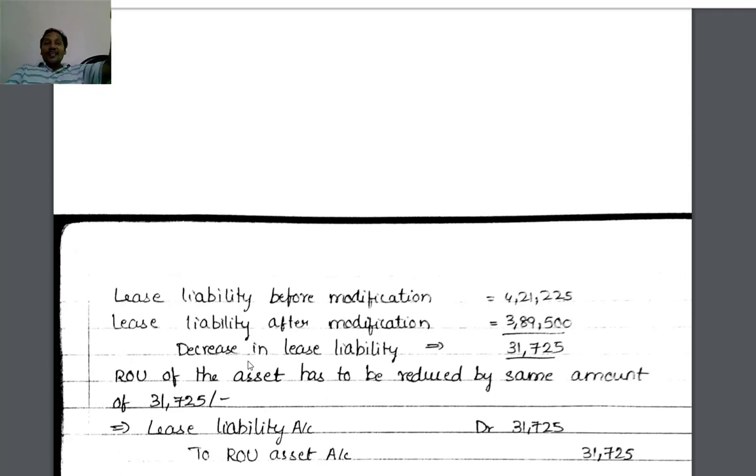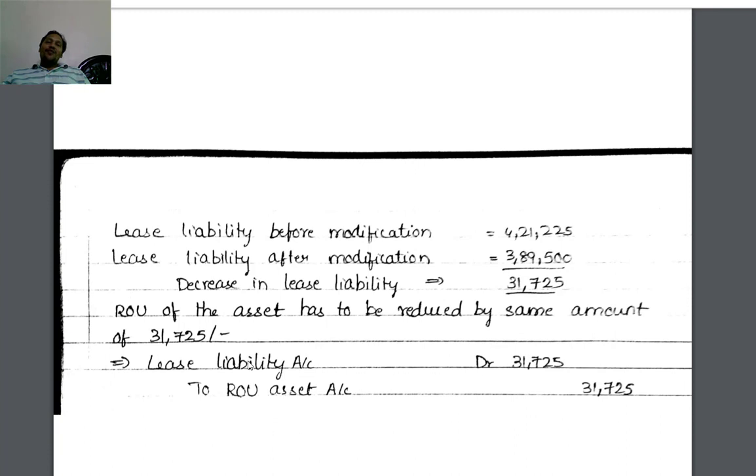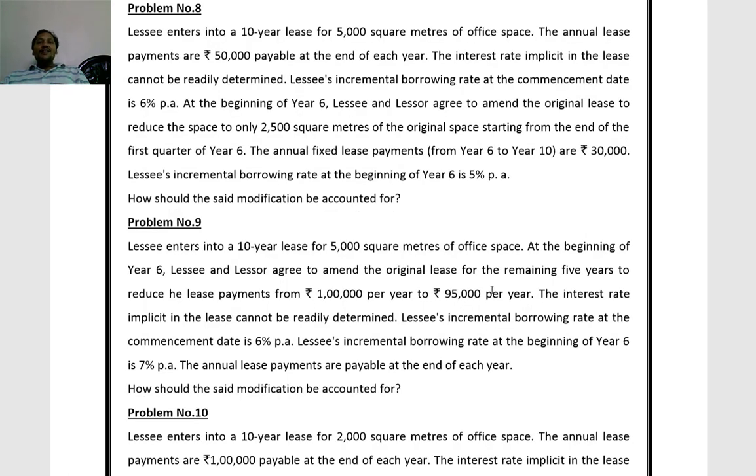So one way lease liability reduces. The other way, we have to reduce the right of use asset also by the same amount of 31,725. Now the journal entry will be: lease liability account debit to ROU asset account, right of use asset account, 31,725.